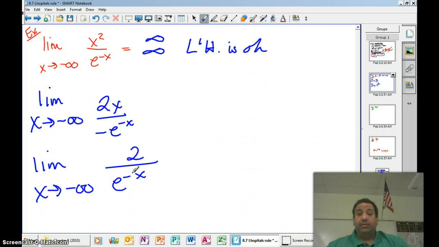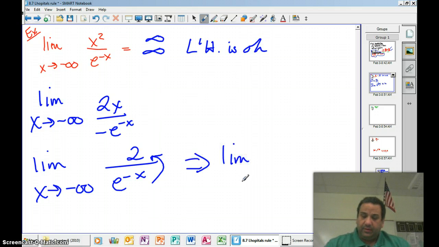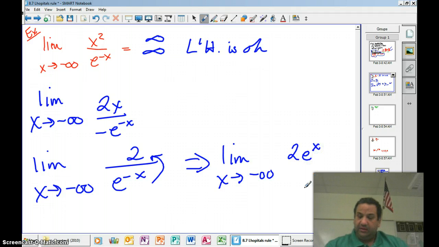Remember that this guy really comes upstairs. So this is the same as the limit as x goes to negative infinity of 2 over e to the x.